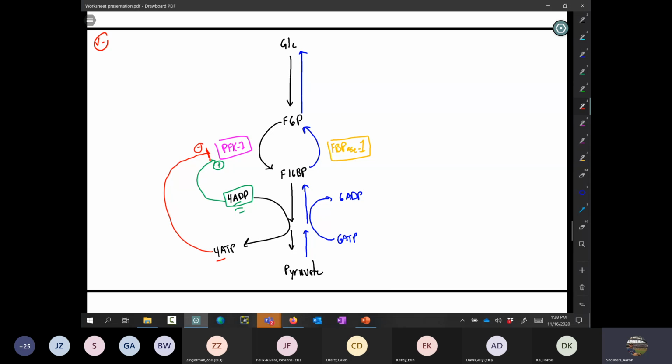Now, I can't use a really cool drawing here, but what we can say is this. AMP, I guess I should have used the red, but AMP will inhibit this.